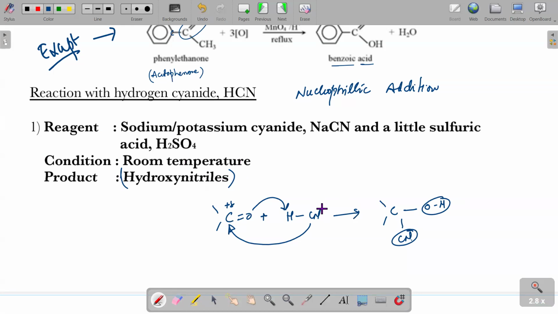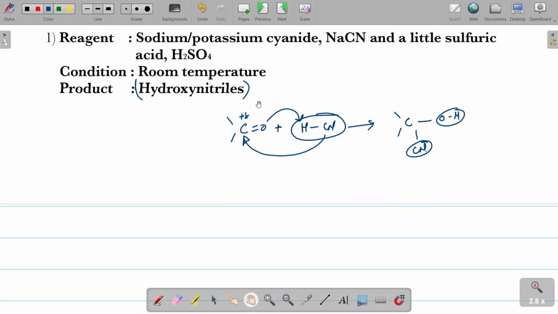Now, as we know, hydrogen cyanide is a poisonous compound. So for this reaction, we produce the hydrogen cyanide in the flask during the reaction. For its production, we can use potassium cyanide or sodium cyanide, and we treat them with sulfuric acid. Their reaction with sulfuric acid in situ will give us potassium sulfate and HCN.